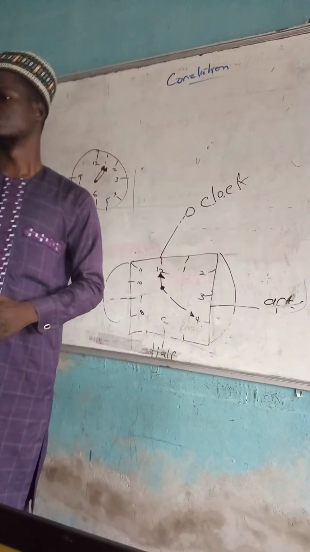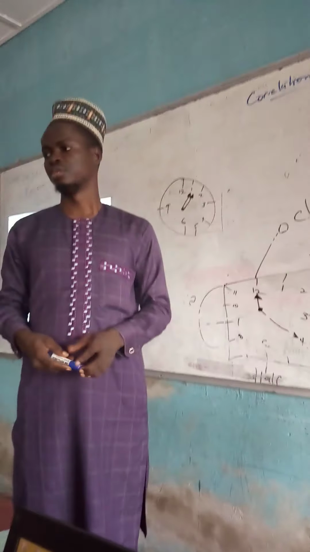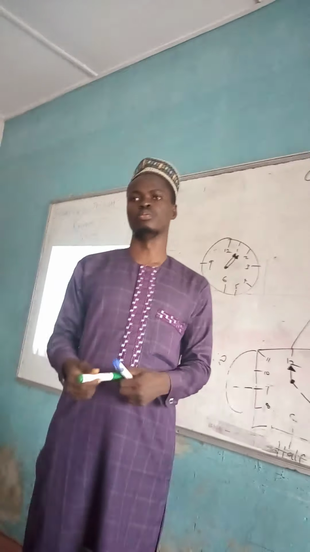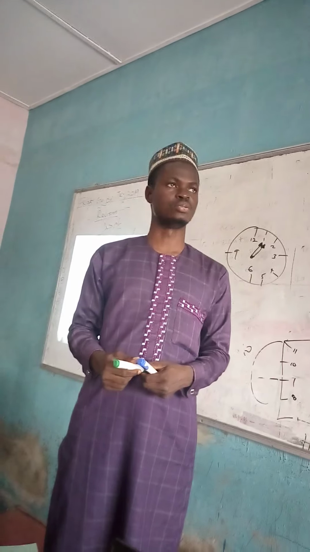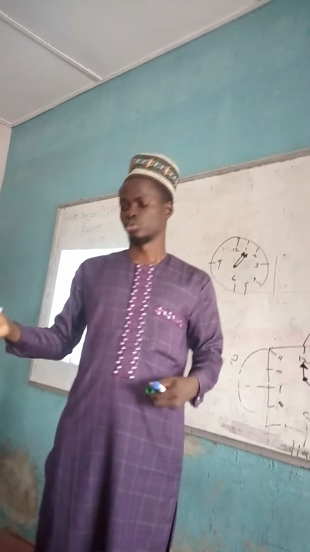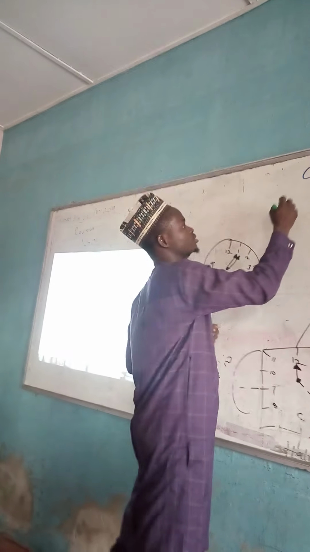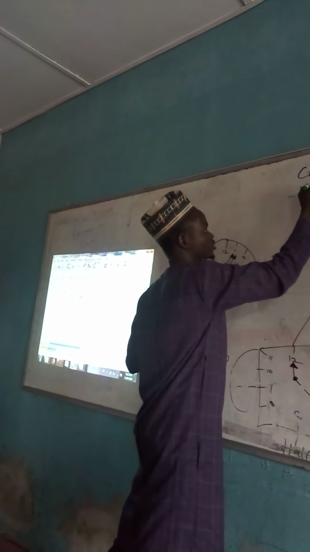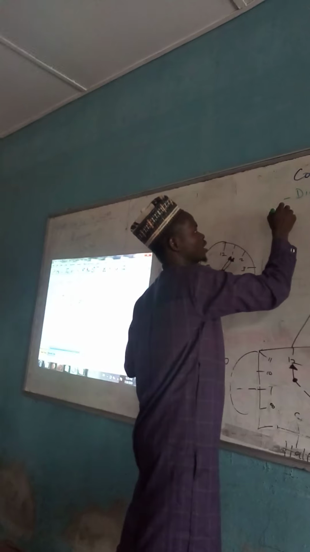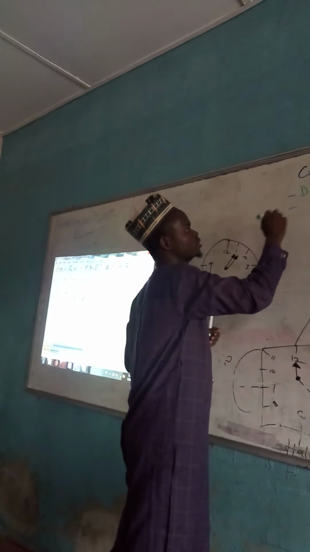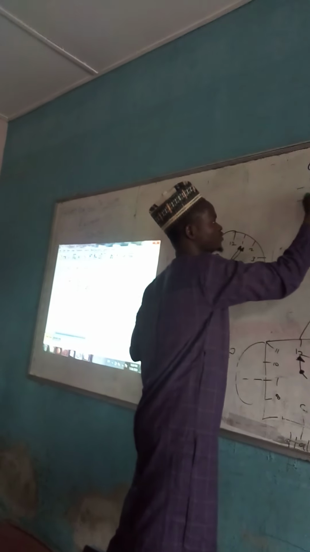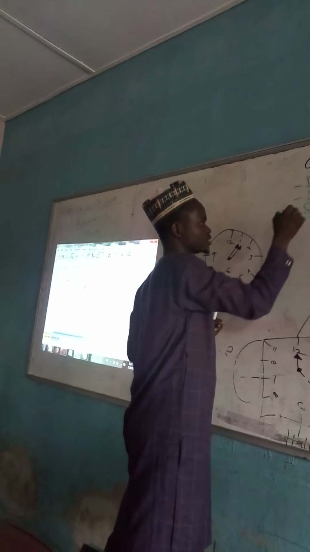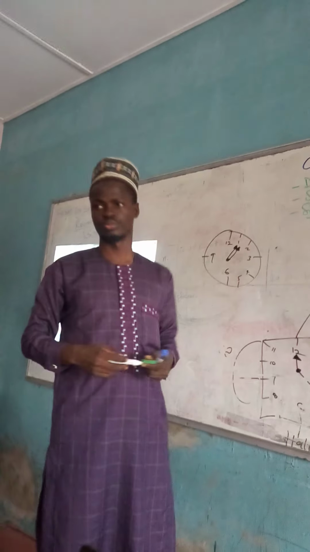Okay. So, in doing correlation analysis, we have three things to show. Number one is the direction of the relationship, and second is the strength of the relationship, and lastly is the significance of the relationship.